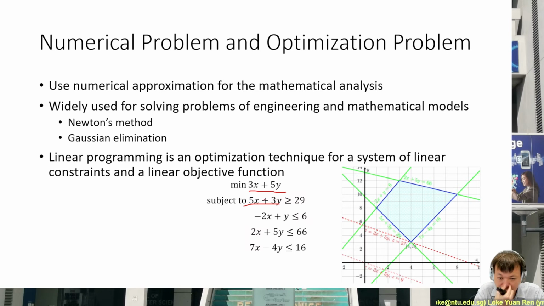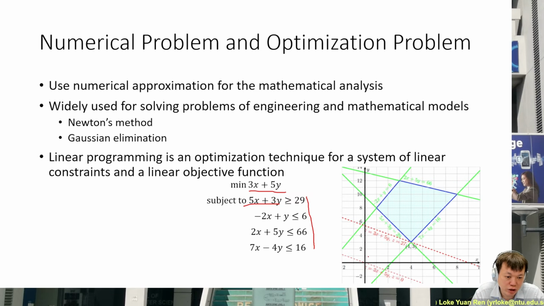Your 5x plus 3y must be greater than or equal to 29, and then minus 2x plus y. X and y, you can think of as two factors. Maybe it's the labor cost, maybe it's the material cost. I want to find the minimum cost. Then there are some constraints I need to fulfill. So this is a very typical linear programming problem in optimization.